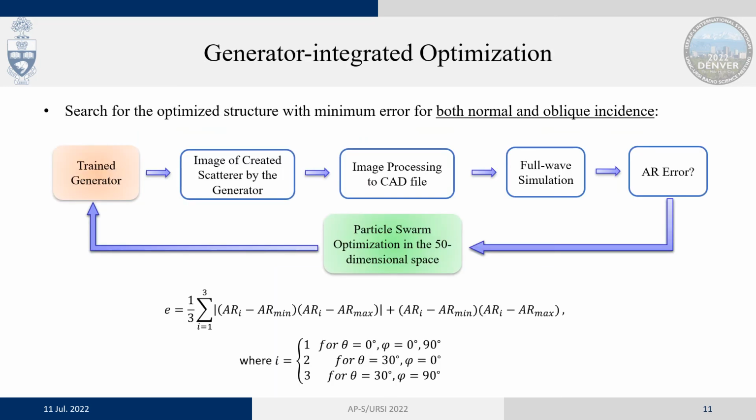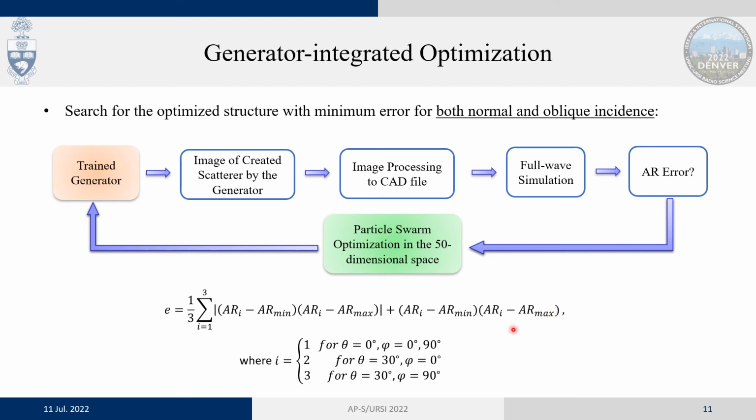We integrate the trained generator in a particle swarm optimization through the 50-dimensional space. It means that in each iteration, for each particle, a 50-dimensional vector is fed to the generator, a new shape is created for the scatterer, and this scatterer is placed on top of a grounded substrate, and a full wave simulation is run to determine if the axial ratio of the resulting polarizing reflector is good enough or not.